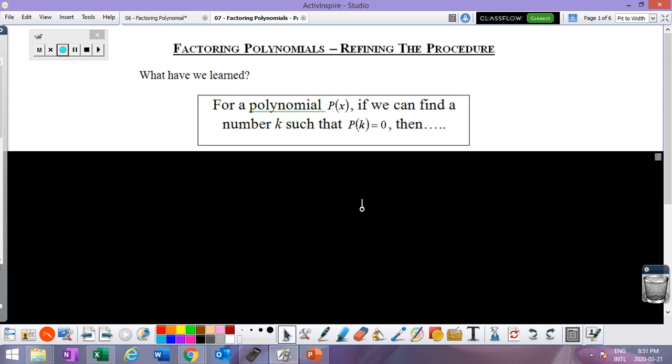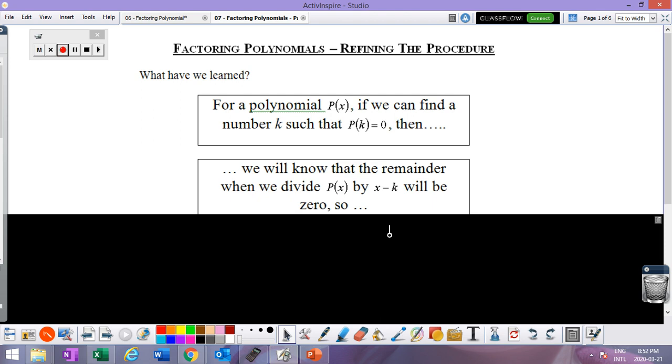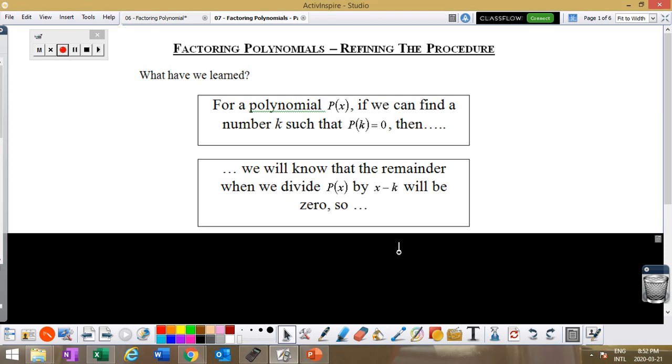So what should you have learned from the assignment? For some polynomial p at x, if we can find a number k such that when we sub it in, we put that k in the polynomial, we get 0, we know some stuff. We will know that the remainder when we divide p at x by x minus k will be 0.